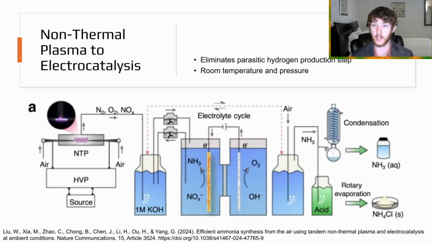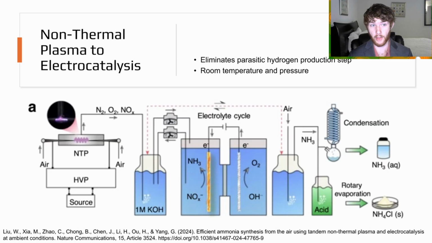But this first step is extremely promising because it produces high yields and is significantly more direct than hydrogen production. Because you're essentially taking some of the steps out of the Haber-Bosch process, you're able to produce a significantly lower energy intensity. In this process, Liu develops a novel synthesis method for ammonia production.